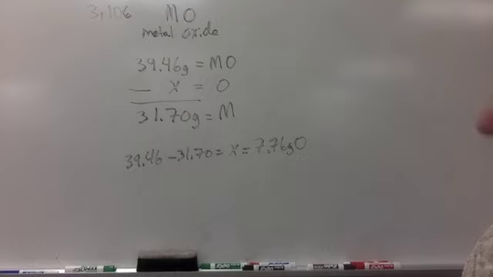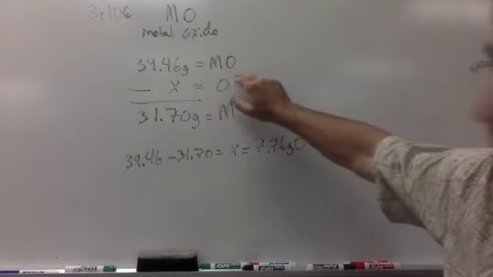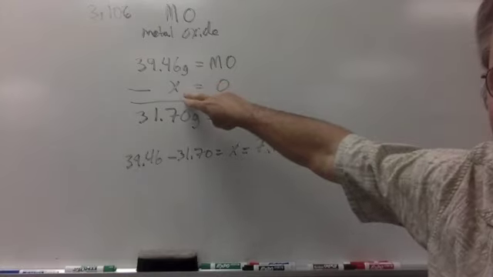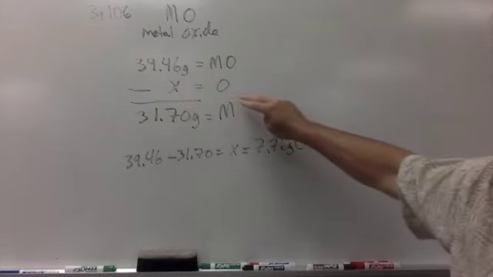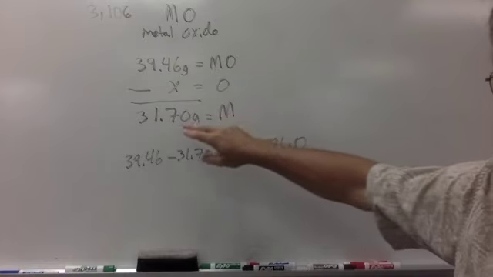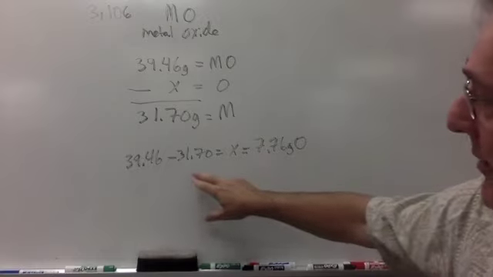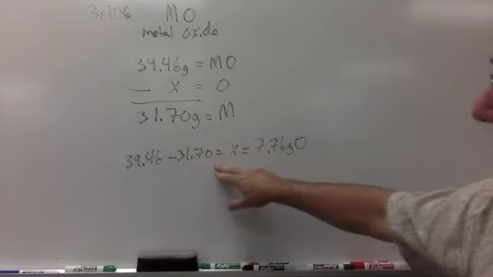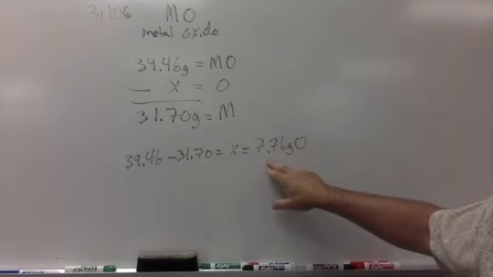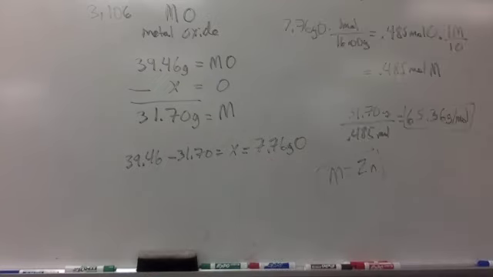Now in this case, we have 39.46 grams of metal oxide. We remove the water, so we'll say minus X here for the oxygen that's removed in the form of water, and it leaves us with 31.70 grams of metal. So 39.46 minus 31.70 tells me that the 39.46 grams of metal oxide contained 7.76 grams of oxygen.